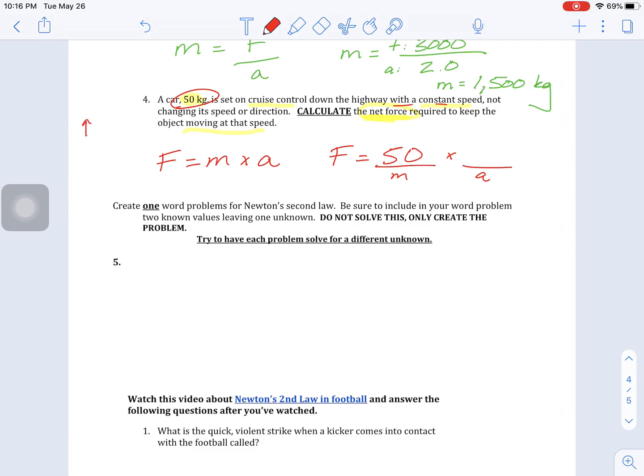Remember, the acceleration is an increase or a decrease in speed or a change in direction. So I don't have a numerical value in my problem, but I know about the speed and I know about the direction of the car. It's going a constant speed, no change to speed or direction.